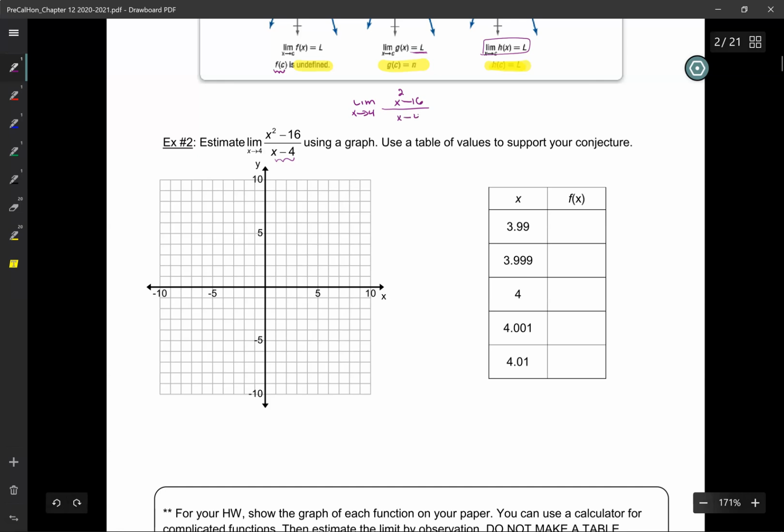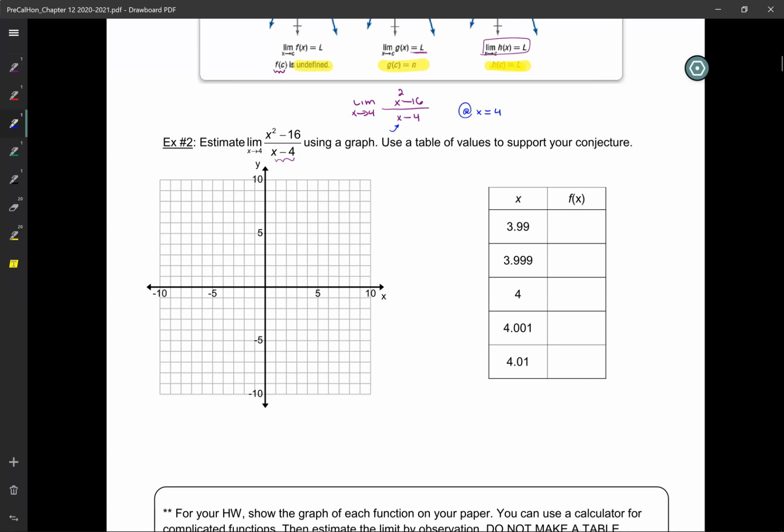What would happen if x was equal to 4? Well, I would have something divided by 0, and this function would be undefined. That means at x equal to 4, there is a discontinuity. This function does not exist.